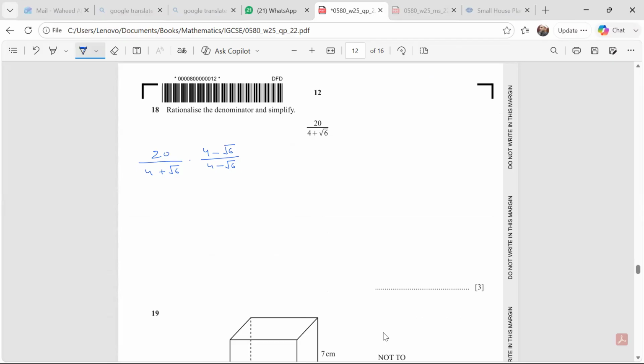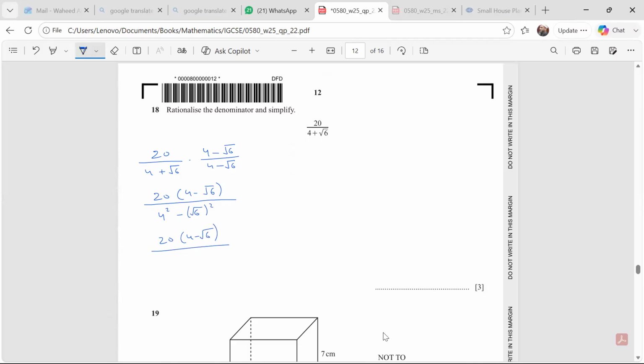Now, the top will become 20 times 4 minus root 6. And the bottom is a plus b times a minus b, so it will be a squared minus b squared.